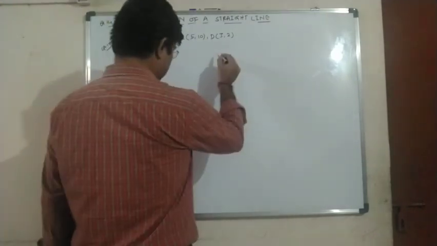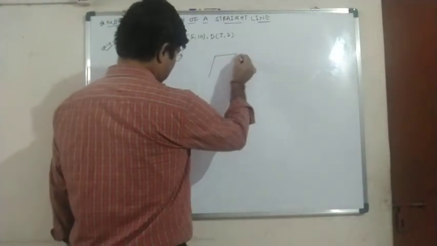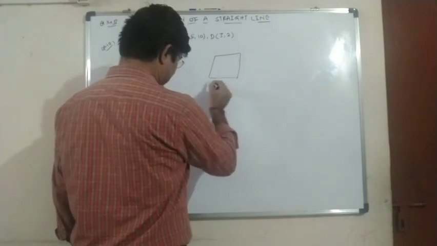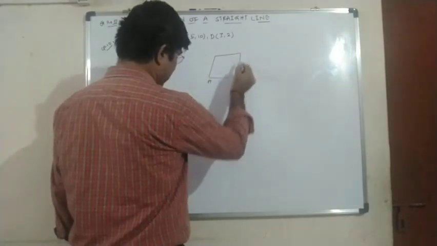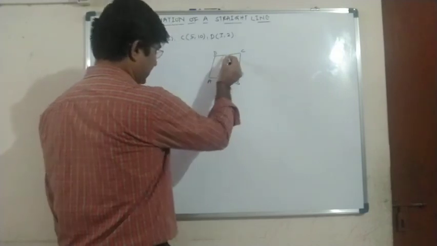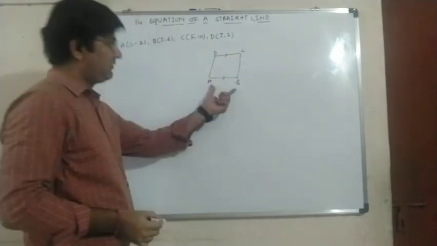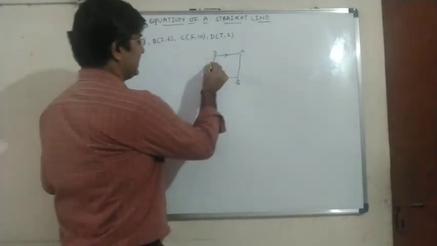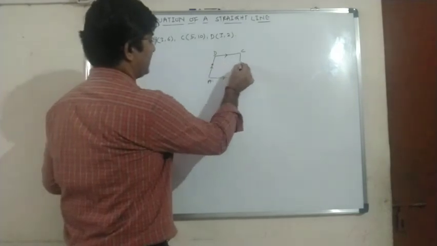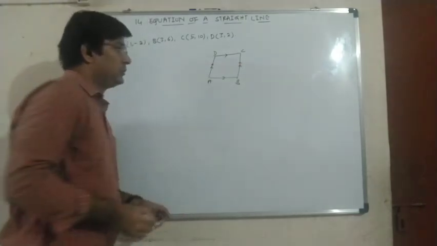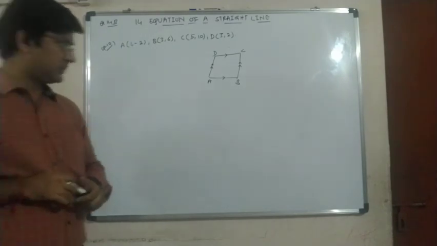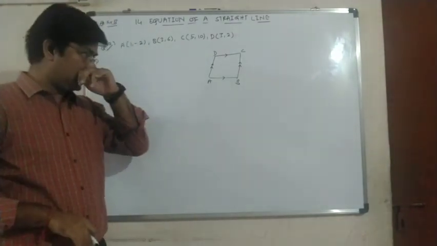Okay, in parallelogram ABCD, we know that the opposite sides are parallel and equal. Yes or no? So if ABCD is a parallelogram, it means AB will be parallel to DC and AD will be parallel to BC. Now let us discuss the slopes of these lines.